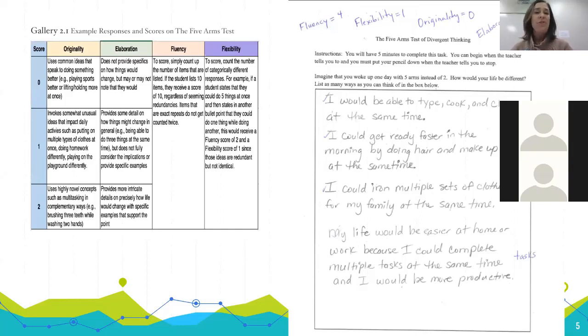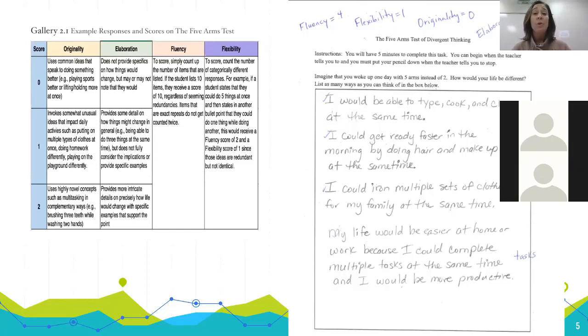And one thing I want to mention is I have 4 examples, and when I am looking at this, I keep them all in front of me. The idea is to compare students amongst one another, not individually rate students, because you're going to be able to omit things by common answers. So the first thing that I saw in looking at all 4 responses was a lot of people talked about that they would be able to do more tasks more quickly.